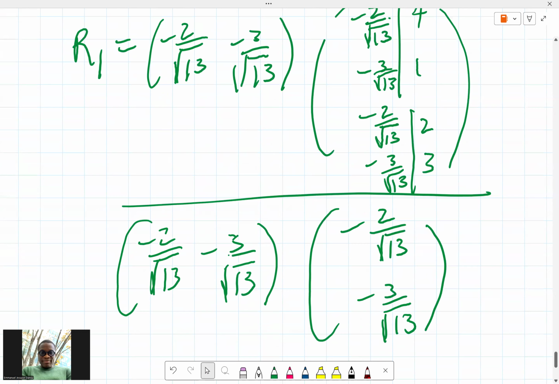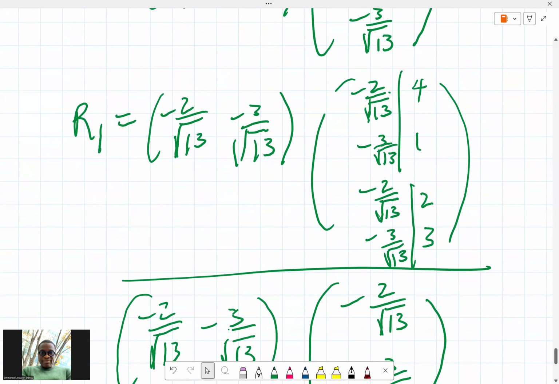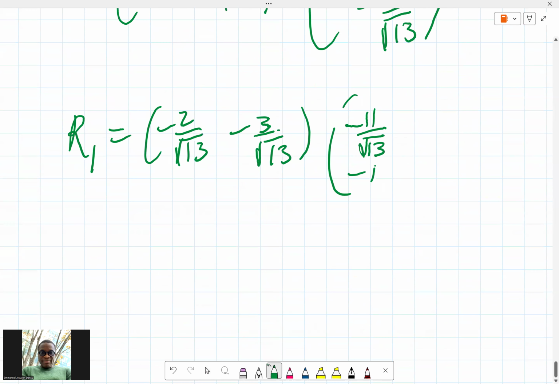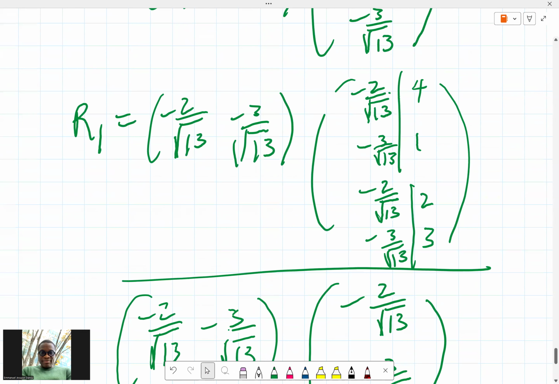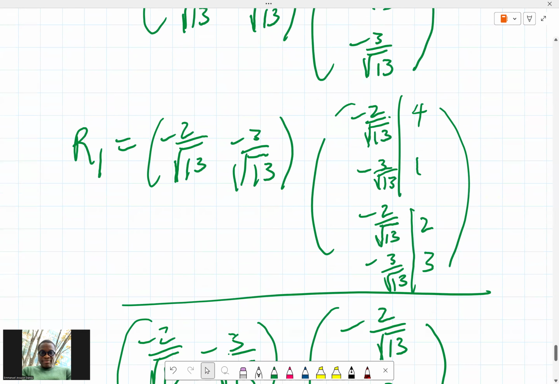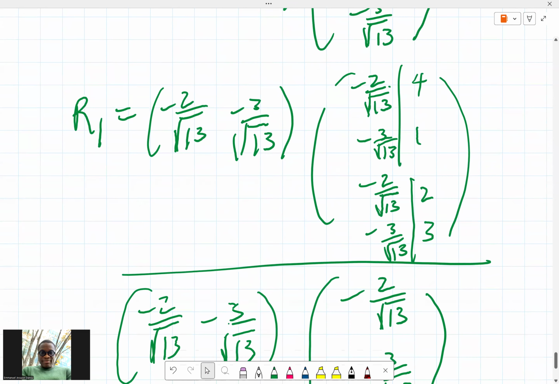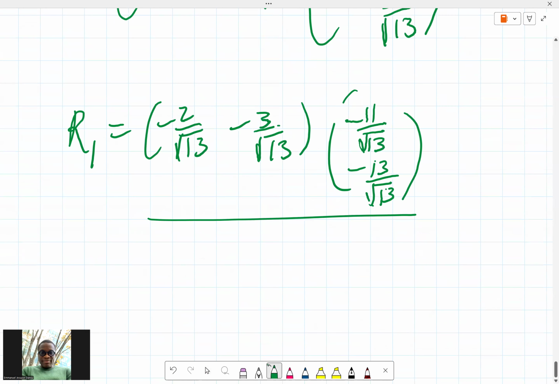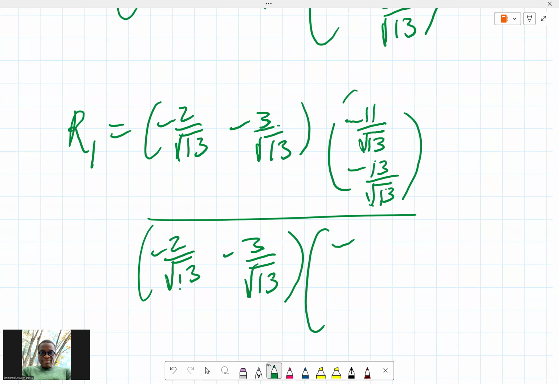And then down here, we have minus 4 minus 9, that's minus 13 over root 13. Hope that's correct. Okay, that works. And then we have (minus 2 over root 13, minus 3 over root 13) into (minus 2 over root 13, minus 3 over root 13).